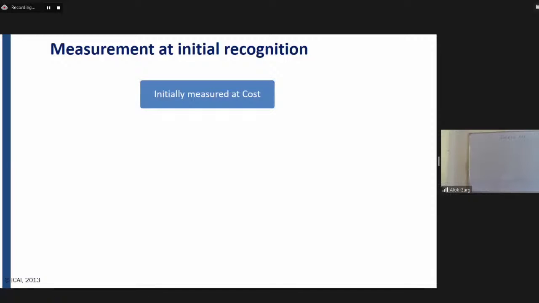I am getting less response in the last 10-15 minutes. What should I understand? You are not able to understand the concept? This is a very interesting chapter, a very interesting standard, and a very important standard too, because whatever concept you are learning in this standard, you will face the same concept in the remaining standards. I will wait for another 2 minutes to see if you have any query.